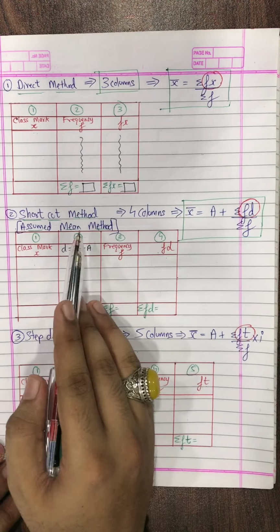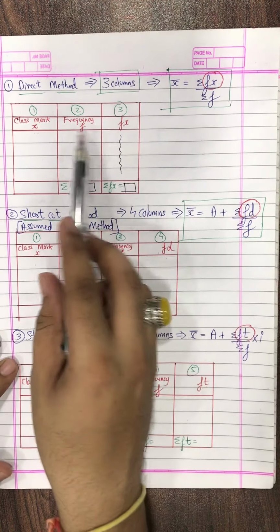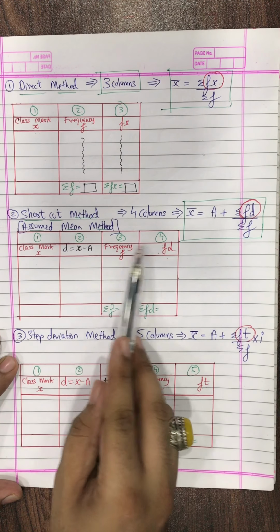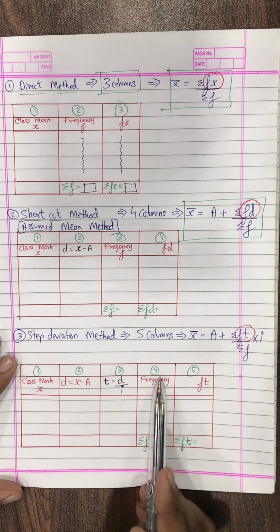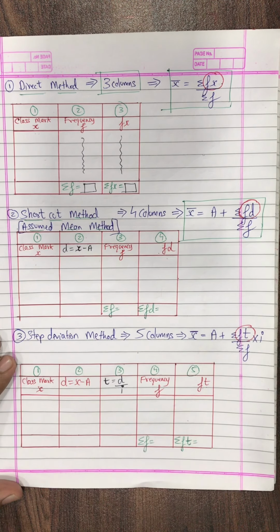The second last column will always be frequency, and it will be given to you in the question, whether it is the third column or the fourth column.